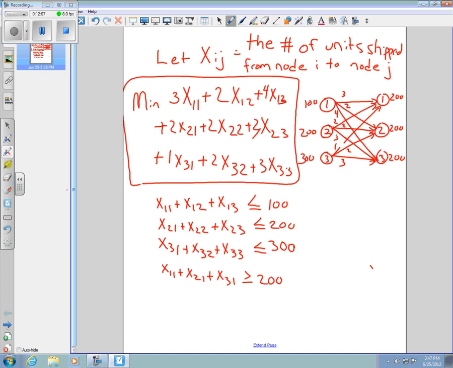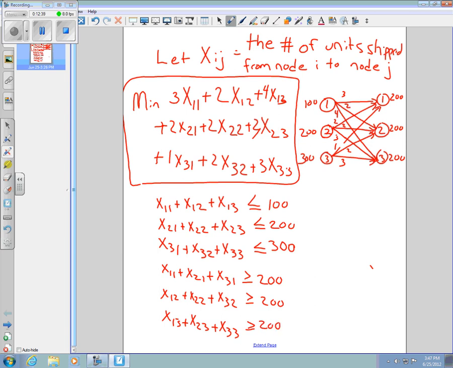I'm going to do the similar constraint. You may want to pause and do the same thing, but I'm going to do similar constraints for the destination nodes 2 and 3. x12 plus x22 plus x32 must be greater than or equal to 200, and x13 plus x23 plus x33 must be greater than or equal to 200.